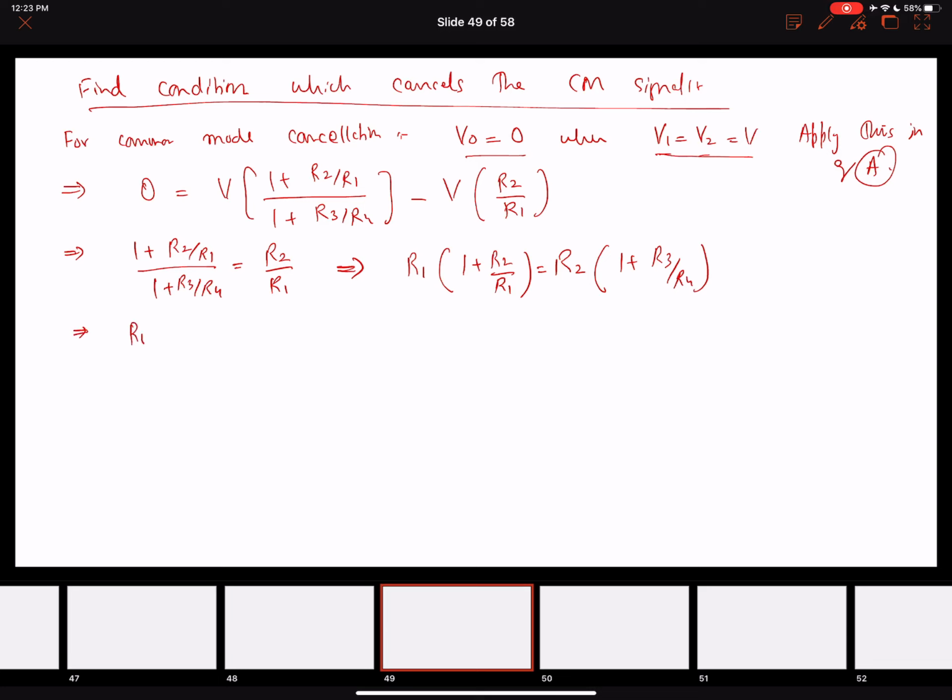So R1, I'm multiplying these, plus R2 equals R2 plus R2 R3 over R4. So R1 equals R2 R3 over R4.